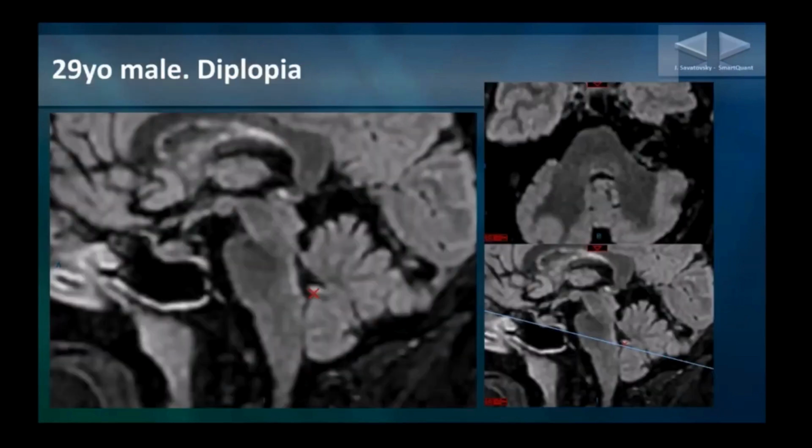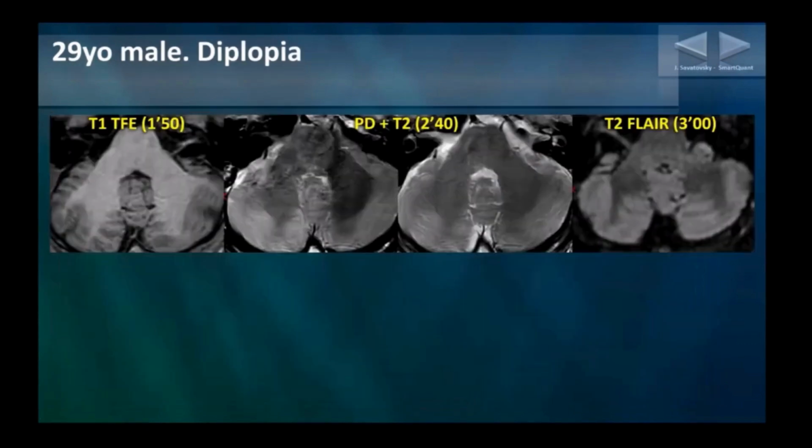Here is a first clinical case of a 29-year-old male with diplopia. He had an MRI at an outside center on which no cause of the diplopia was found, and he came back to us to try to solve it. Here is one of the conventional data sets that we obtained at the level of the abnormality. There is a single abnormality to be seen.